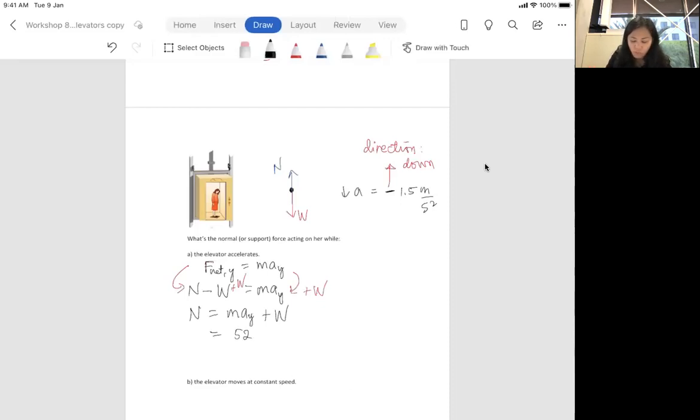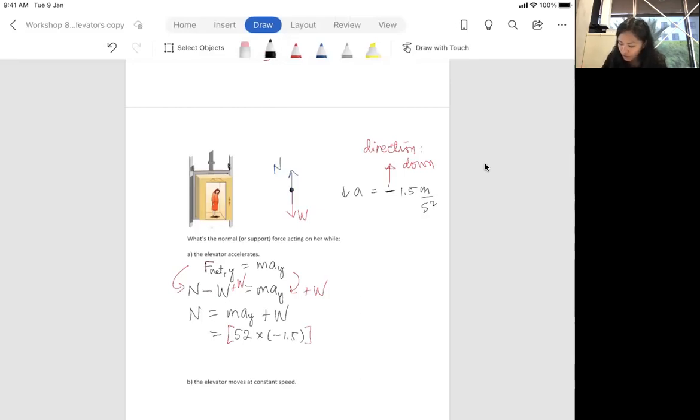Multiply that with the acceleration, it should be negative 1.5, right? Because the acceleration is downwards. So the mass of the woman should be multiplied with negative 1.5 meters per second squared. That's the mass times acceleration part of the equation.